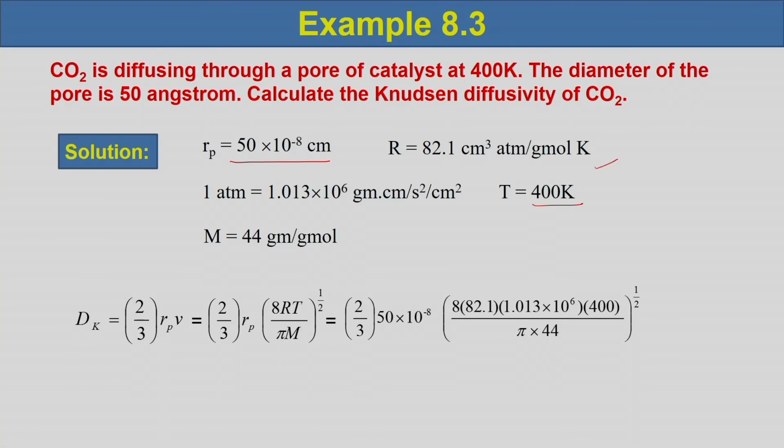Now, if we substitute, it would be 2/3 into R_p is 50 into 10 to the power minus 8 into (8 into 82.1 into 1.013 into 10 to the power 6 into 400 divided by π into 44)^(1/2). So, if we solve it, it would be 0.0146 centimeter square per second. So, this is the value of Knudsen diffusivity through the pores.